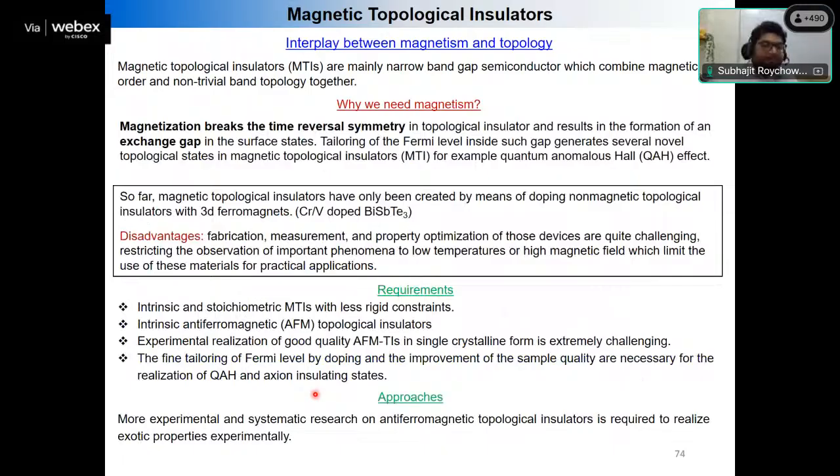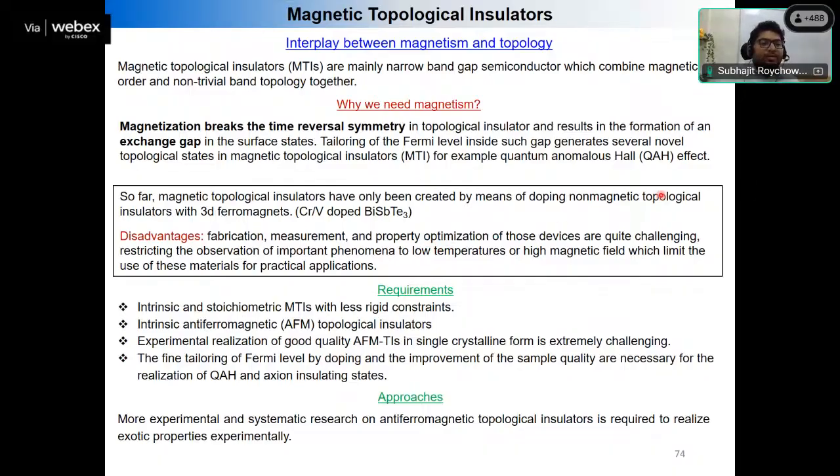Now we are coming slowly from topological insulators to magnetic topological insulators. Now the question is why we need magnetism. Because magnetism will break the time reversal symmetry and open up the gap. If we can tailor the Fermi level inside the gap, we can realize the quantum anomalous Hall effect or quantum anomalous Nernst effect.